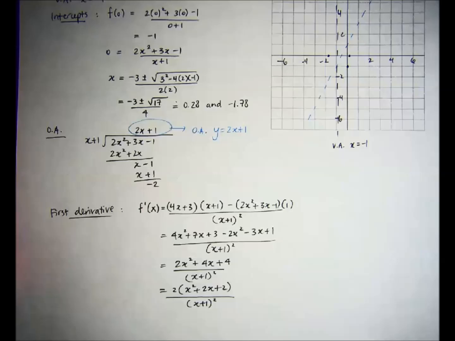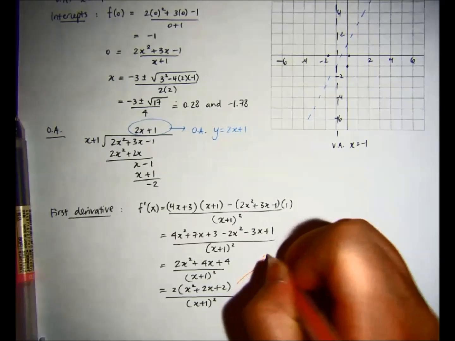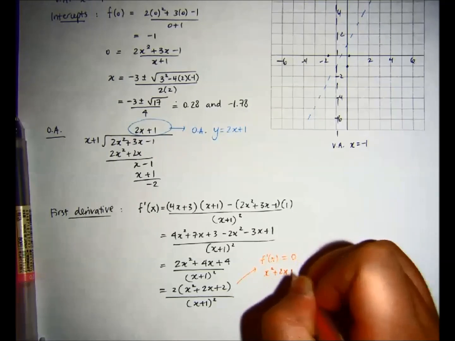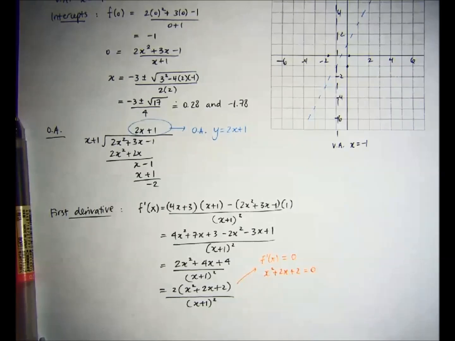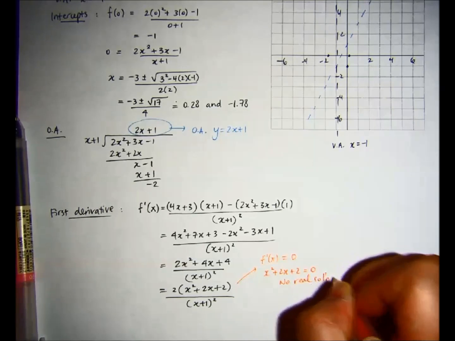Okay, so in order to figure out any critical points, I need to see where my first derivative is equal to 0. So that's really where x squared plus 2x plus 2 equals 0. When you try to solve this using the quadratic formula, if you just use the discriminant b squared minus 4ac, you're going to see that it's a negative value, so there aren't going to be any real solutions.